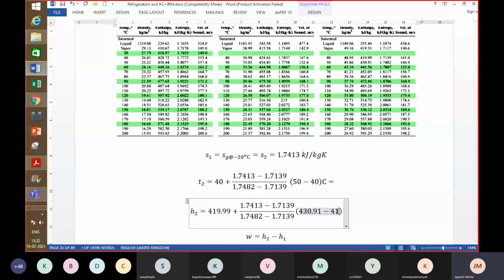Okay, so this is how you can get the enthalpy H2. So you can post your answers for enthalpy H2.